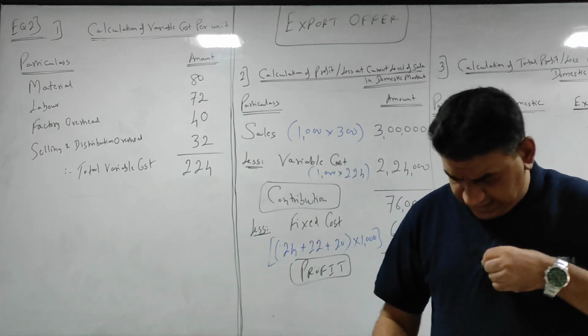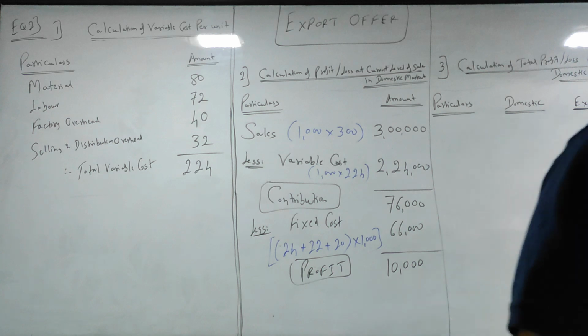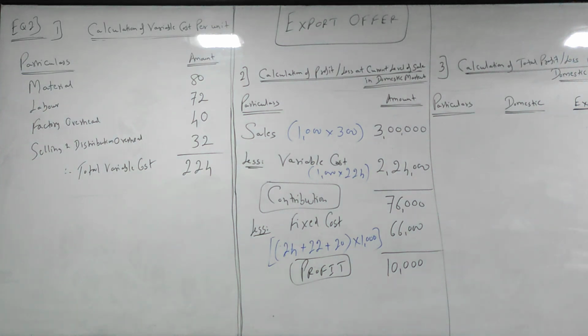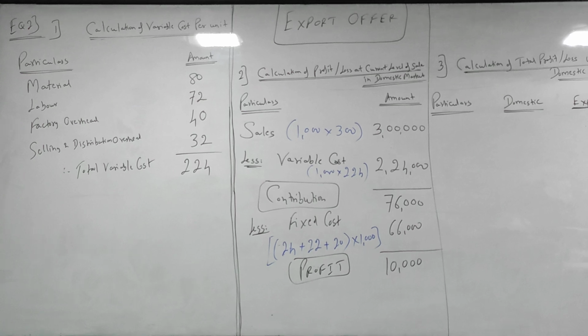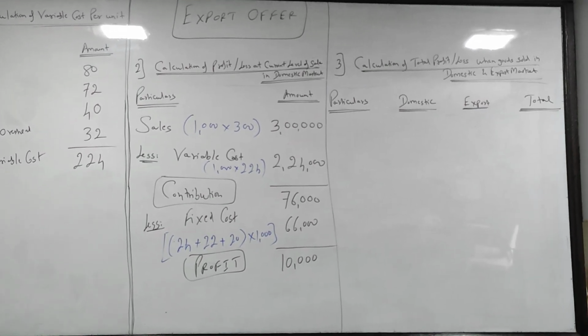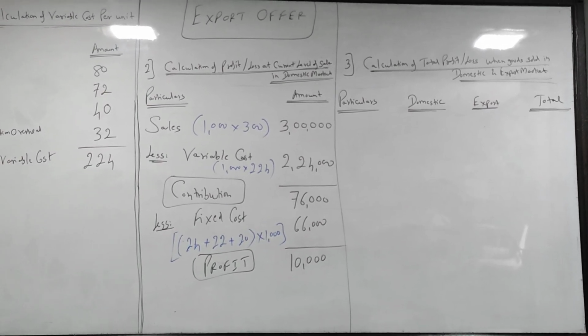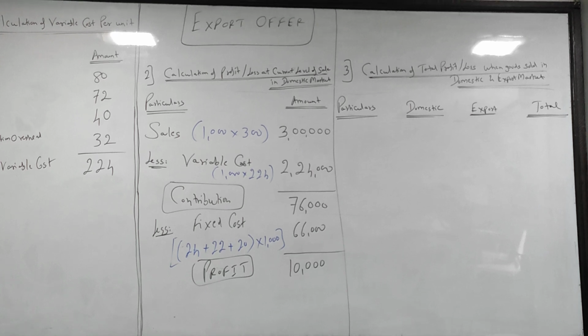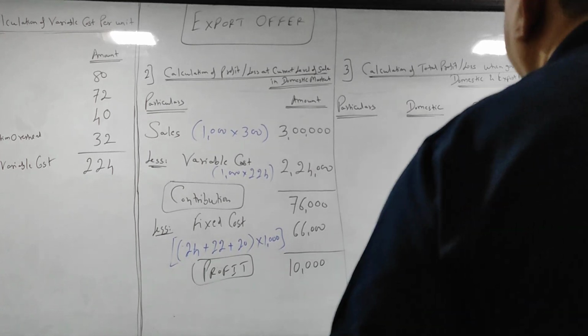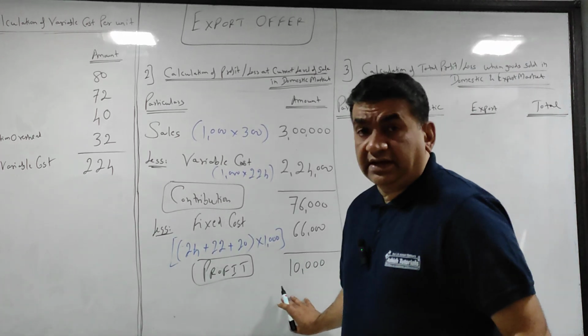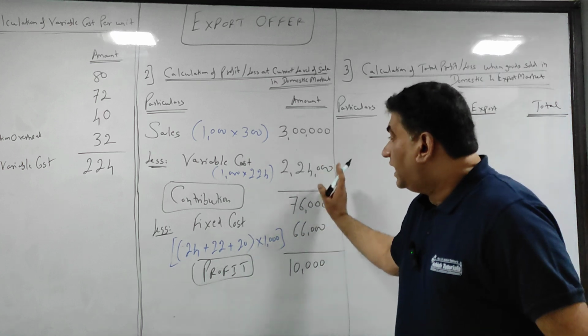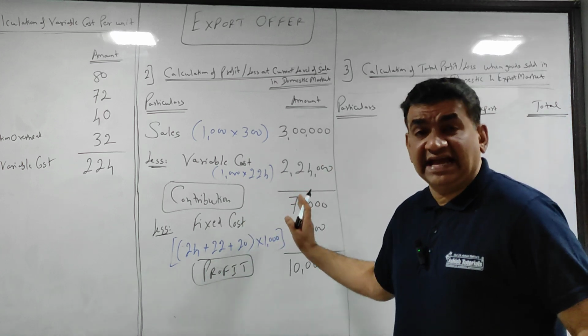This means, guys, currently if you are selling only 1000 units, then you are making 10,000 rupees profit in the domestic market. Export has not come into the picture yet.